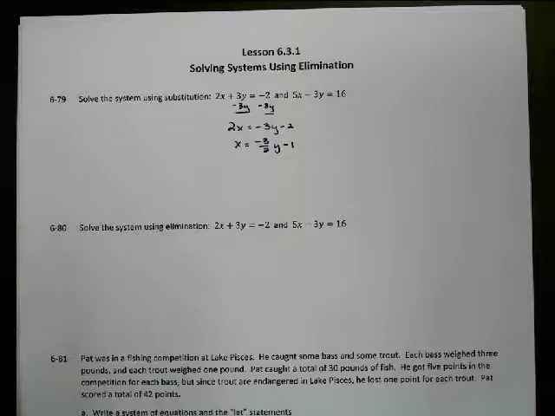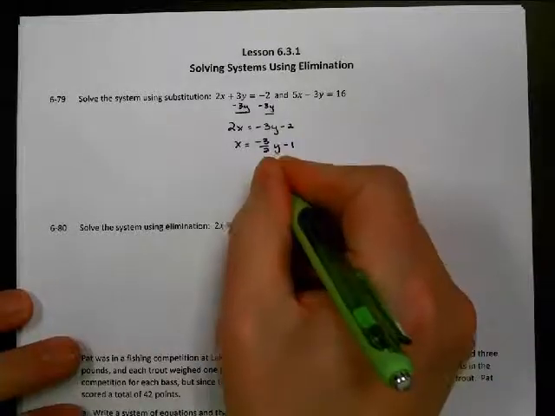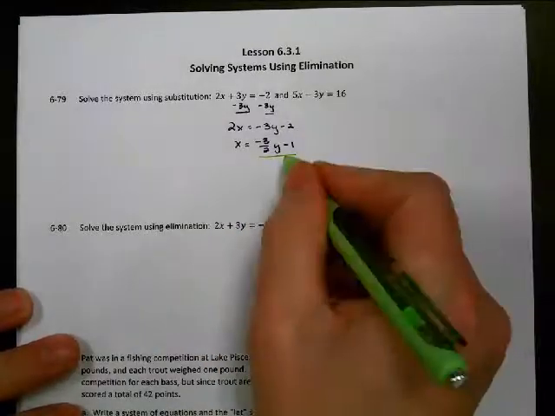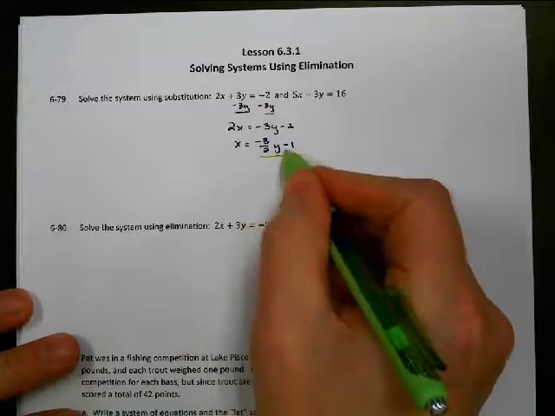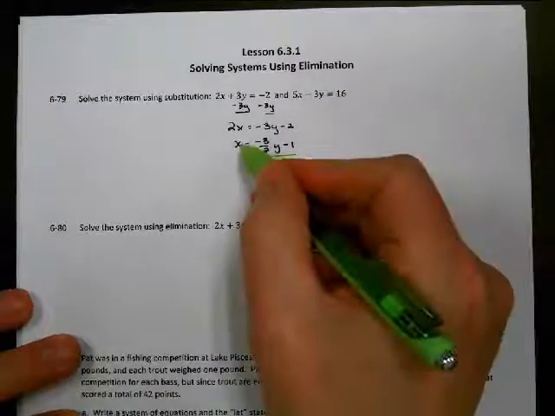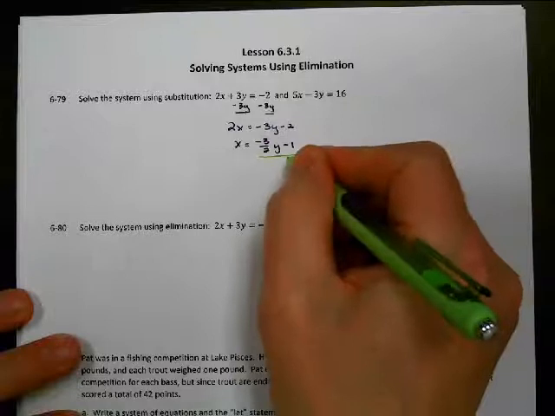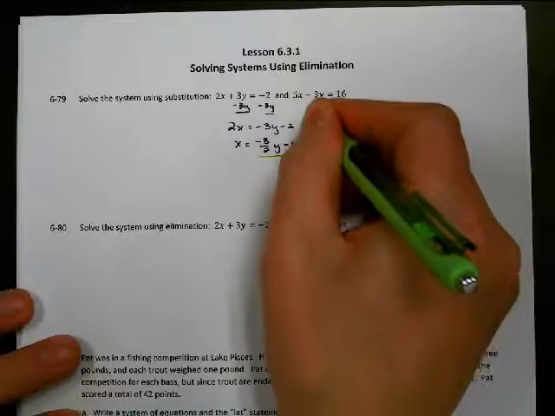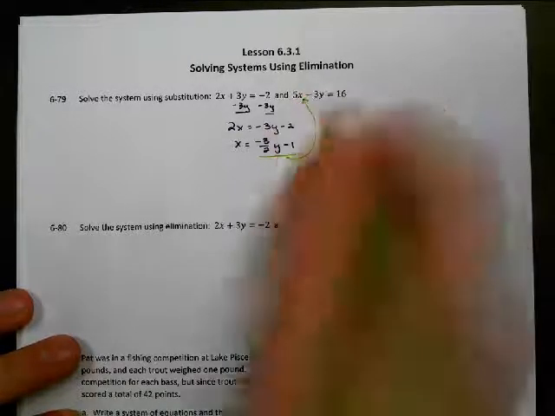All right, I have isolated x, so now I can substitute. I know that's what x equals. So I am going to substitute and plug it into this x right there.